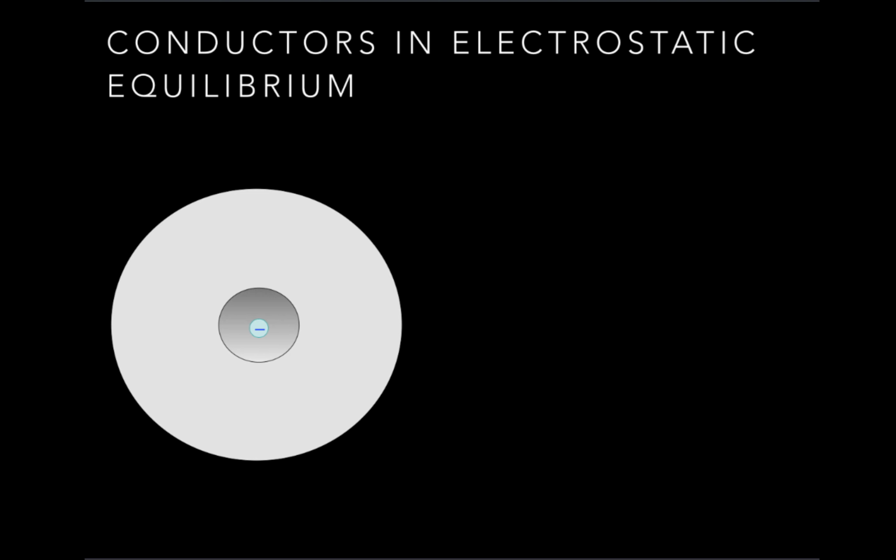Okay, so if we put a negative charge in here, what do we know about the electric field inside a conductor? It has to be 0. So what do we know about what should happen to the charge on this surface? Let's say this is negative 1 coulomb.